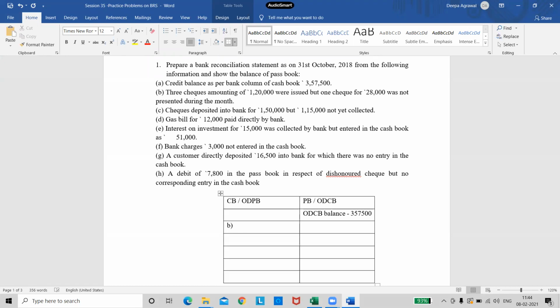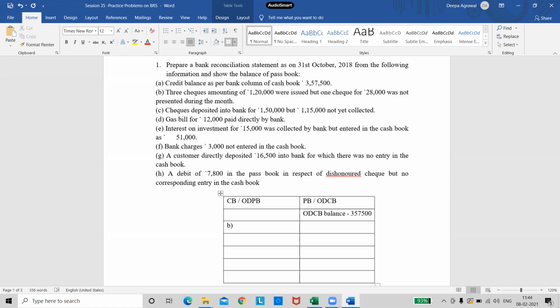So see the first bit. Credit balance we have already taken. The second bit, B bit. 3 checks amounting to rupees 1,20,000 were issued, but one check for 28,000 was not presented during the month. So he says we have issued 3 checks amounting to rupees 1,20,000, but out of them one check was not yet presented.